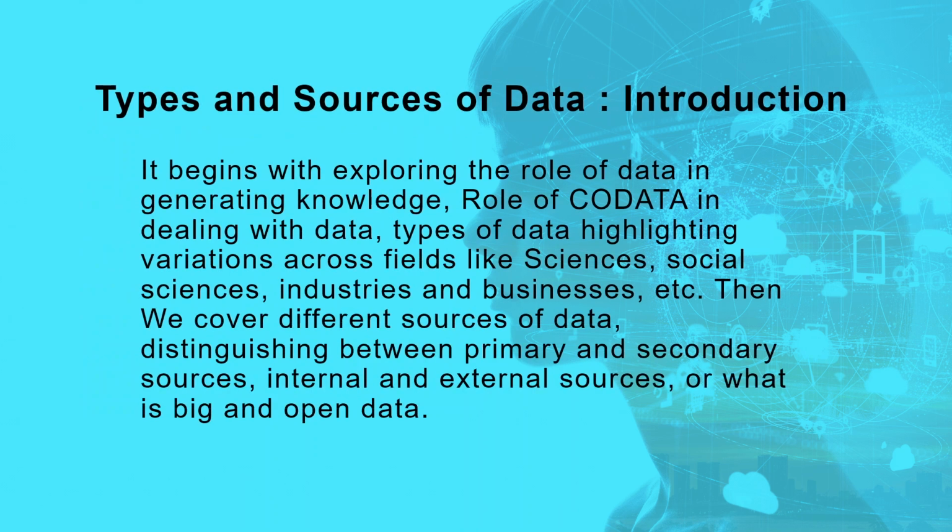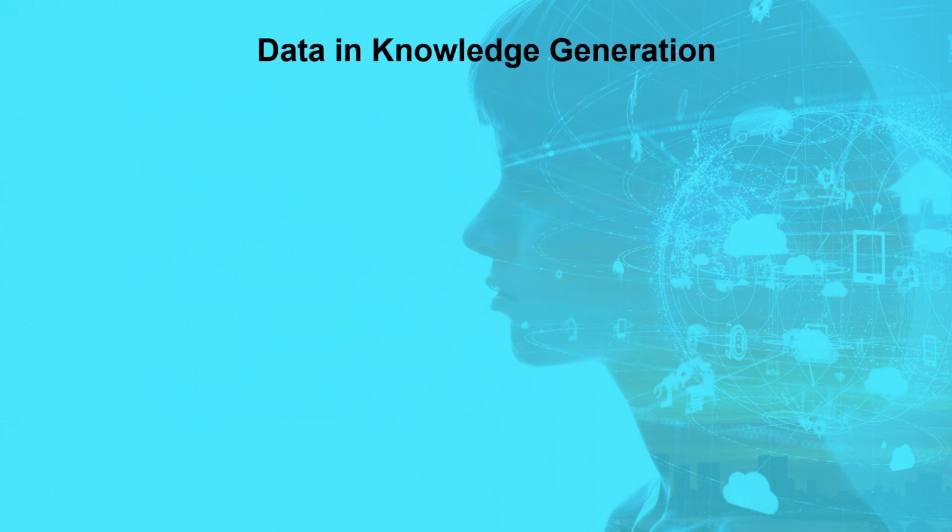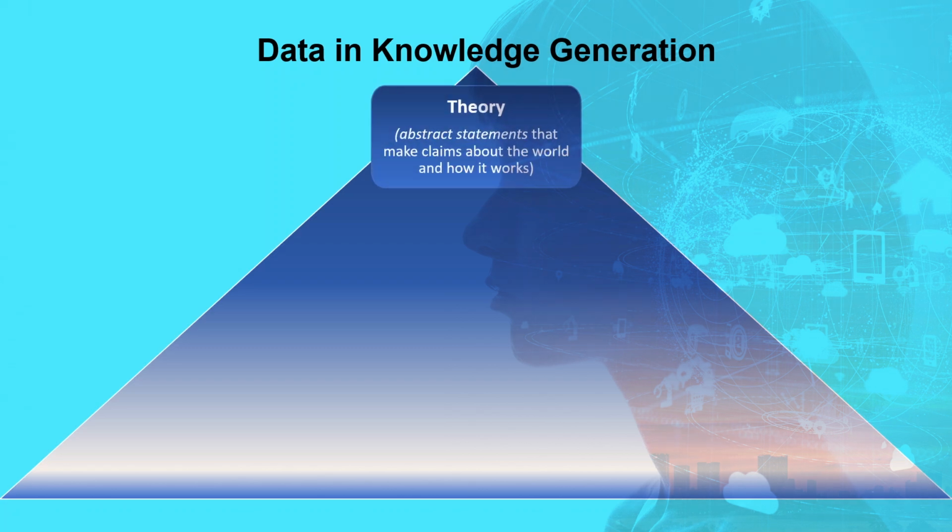It begins with exploring the role of data in generating knowledge, role of CODATA in dealing with data, types of data, highlighting variations across fields like sciences, social sciences, industries and businesses, etc. Then we cover different sources of data, distinguishing between primary and secondary sources, internal and external sources, and also cover what is big and open data. Now, what is data and what is its role in knowledge creation?